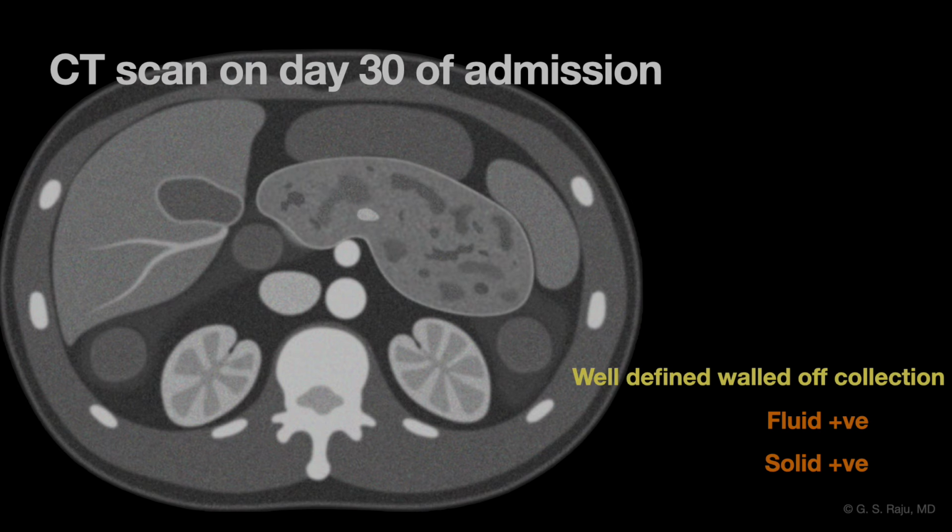And you want to continue the antibiotics and wait until the necrosis becomes walled off pancreatic necrosis with a well-defined wall. You don't want to intervene prior to this because it is much more complicated.